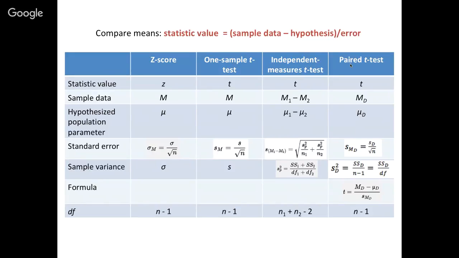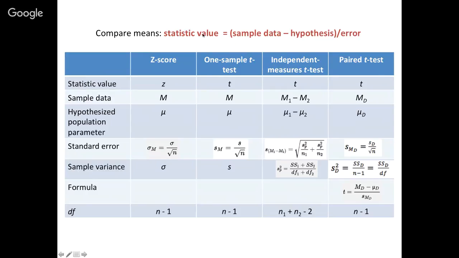As we said, the purpose of all of these tests is to compare the population mean before and after treatment. And the statistic value can be a z value or a t value.